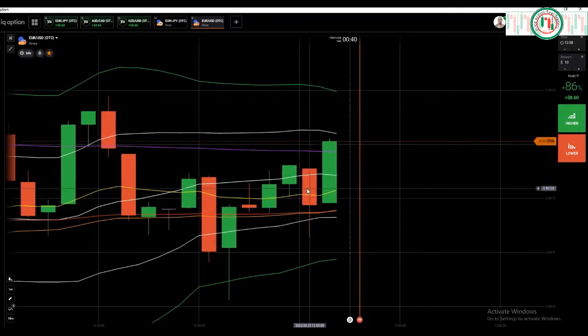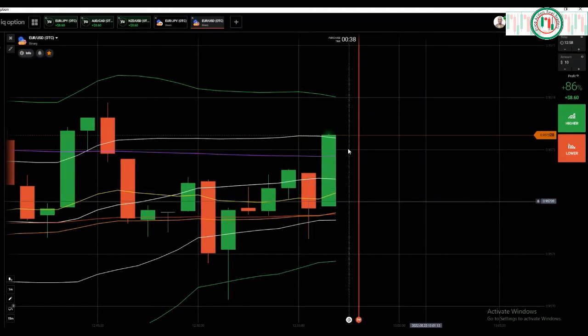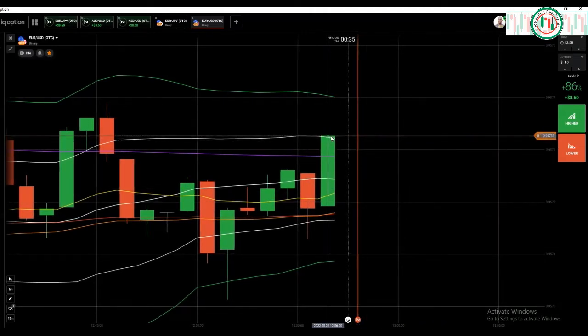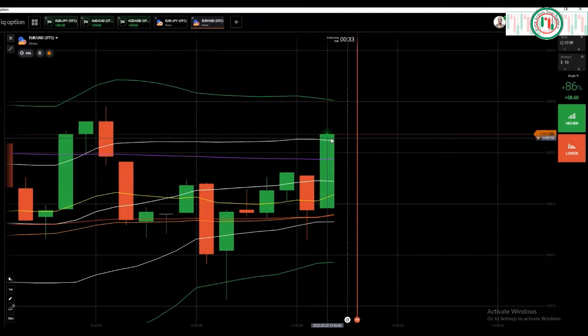See, engulfing breakout. Yes, engulfing breakout.